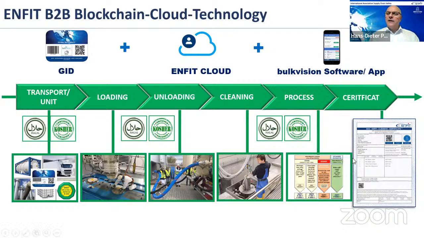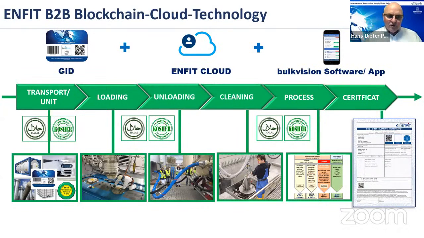At the end of the day, there is the cleaning certificate, the international cleaning certificate, which is also attached digitally to this digital twin in the system. So the producers, the receivers, the cleaning stations, and the logistic companies all have the same trustful information about the supply chain.